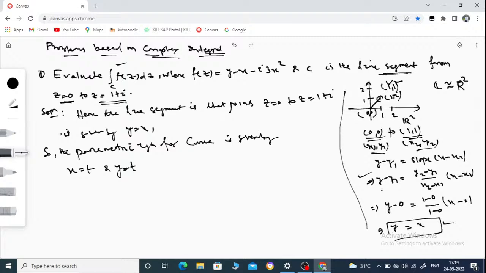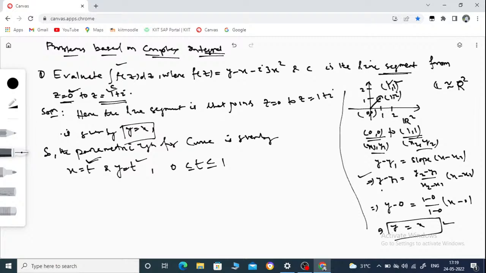For a parametric equation, I have to convert it into a single parameter t. If I assume x is equal to t, then since y is equal to x, y will be t. Here x varies from 0 to 1, or y varies from 0 to 1, so t must vary from 0 to 1.